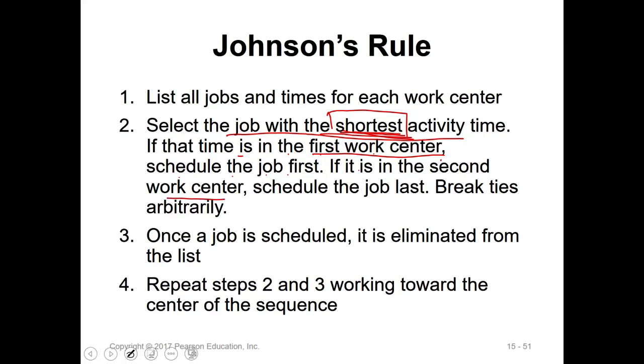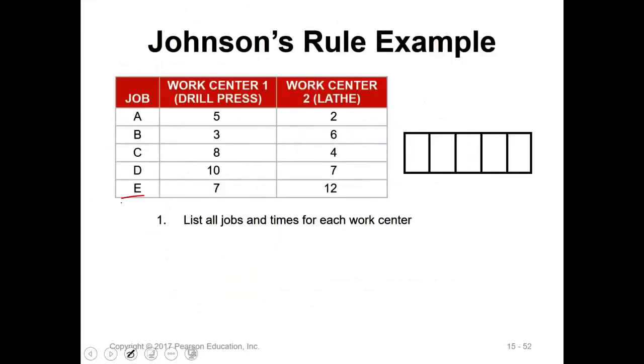What do we mean here? Look at this table overall. What is the smallest number? 2, correct? If the smallest activity number is associated with machine 1, you put it first. Otherwise, if it is with work center 2, you put it last.